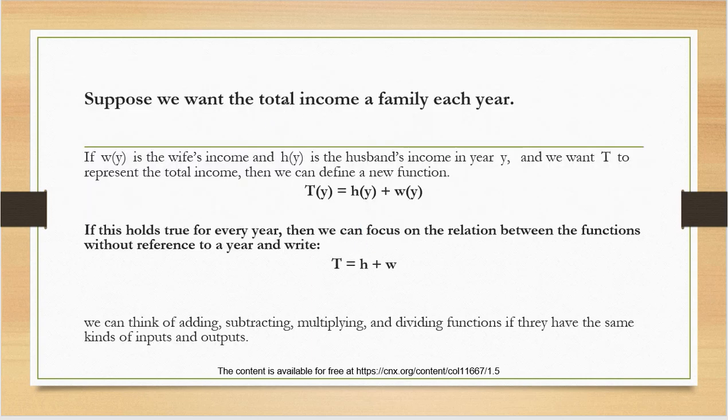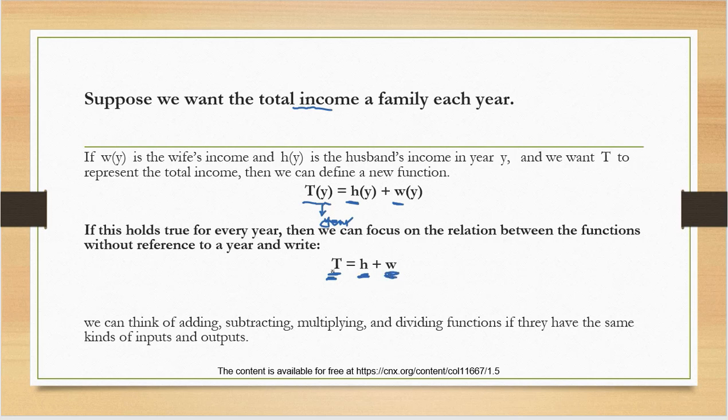So suppose we want to find the total income of a family in a year. So the total income is income of husband plus income of wife in that year. For each year, we can say that the total income is income of husband plus income of wife.